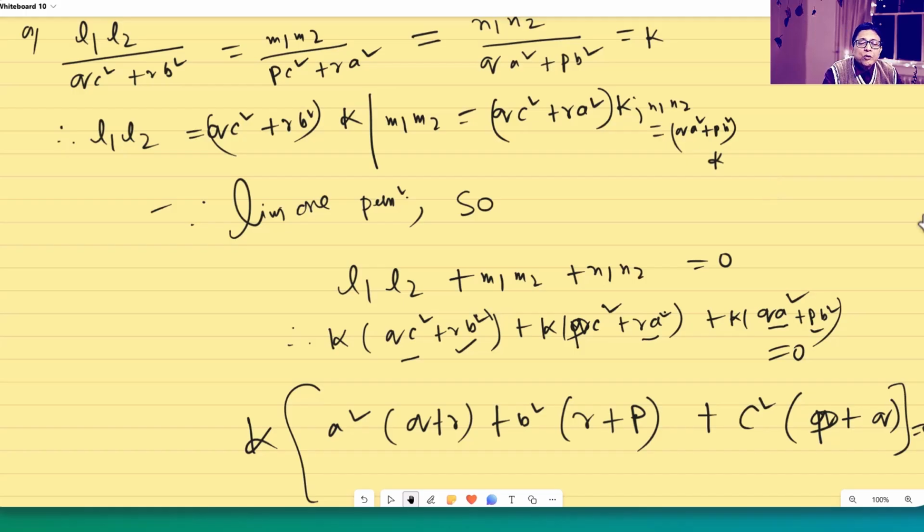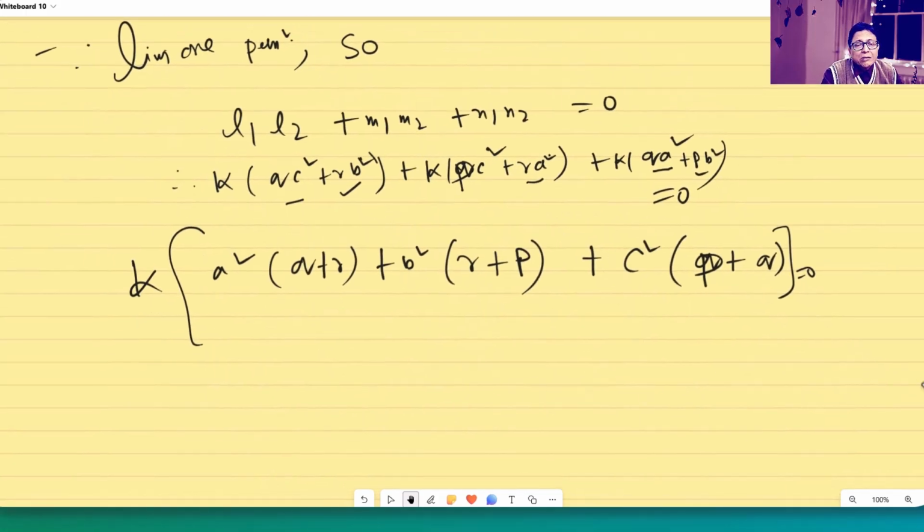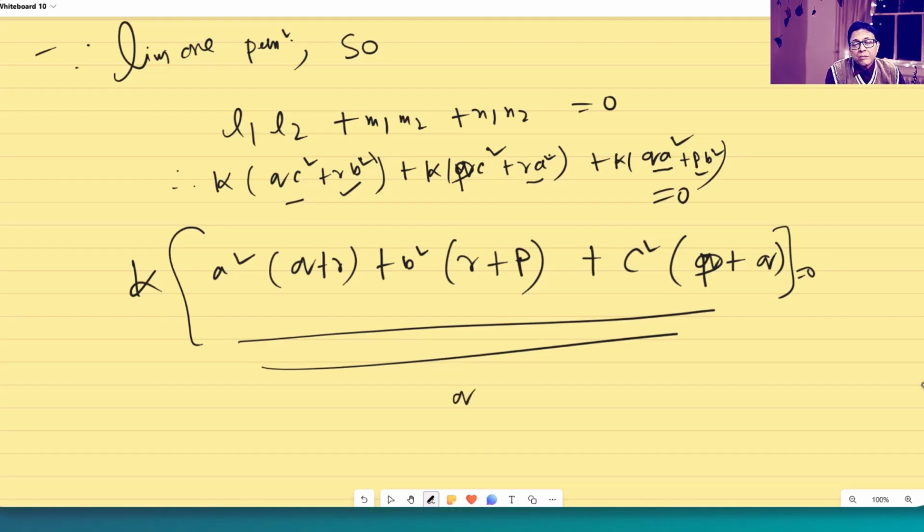K into this thing is 0, so this implies the required relation.